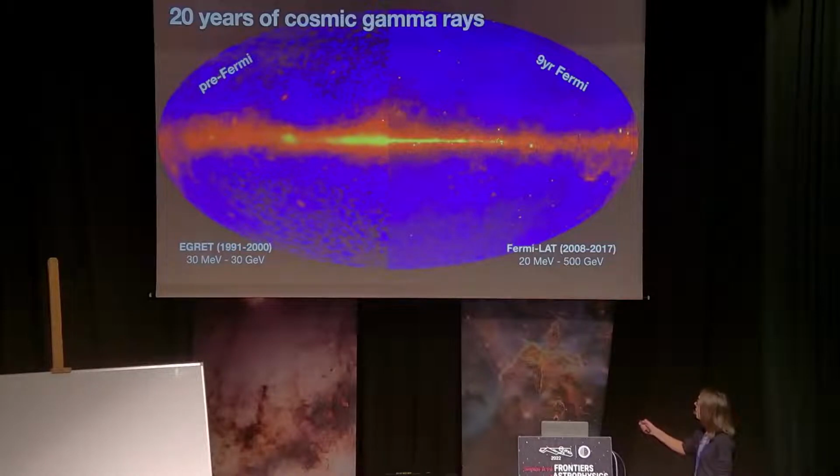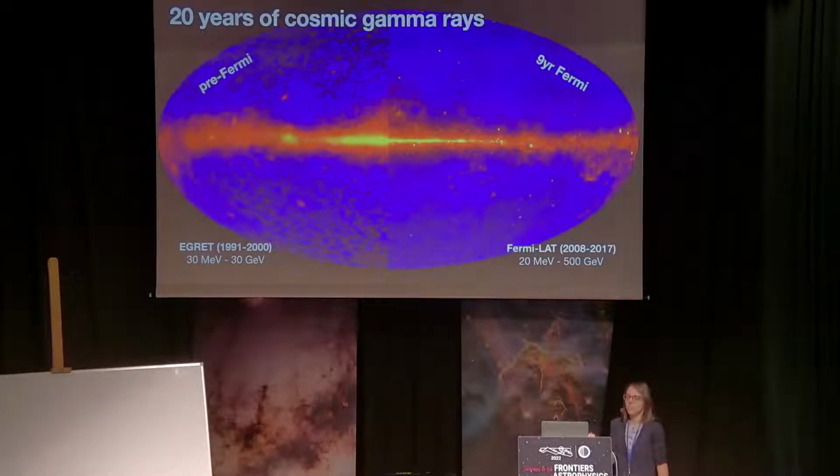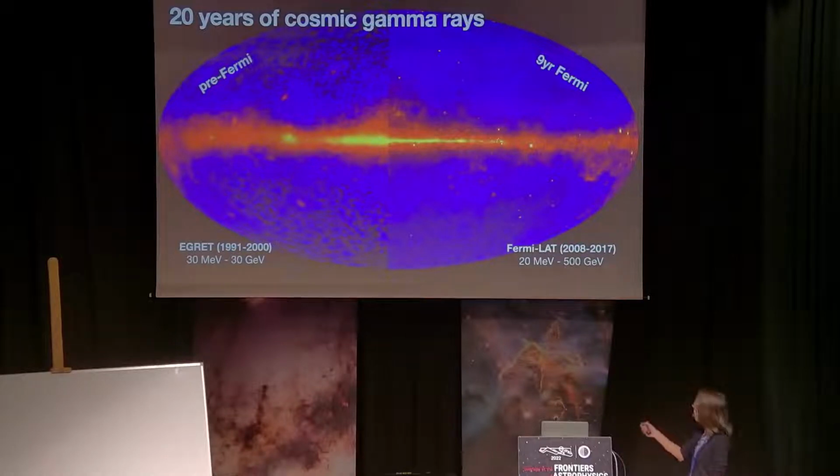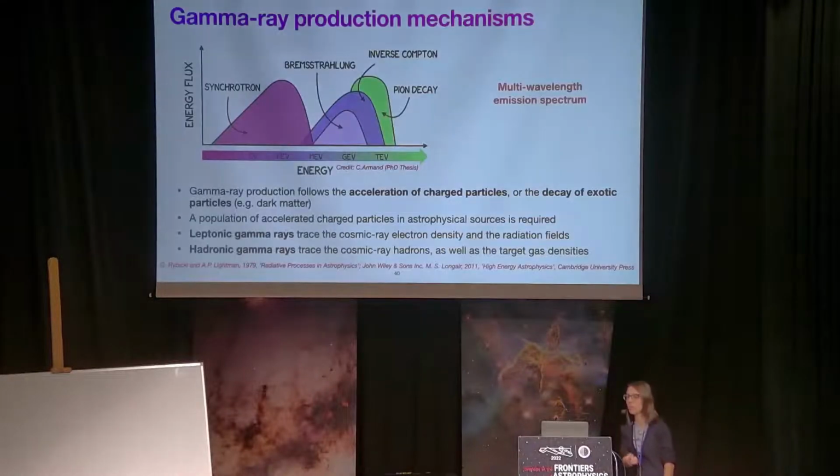And you have an amazing image of the sky, where you can see that the image has sharpened a lot with respect to 20 years back. And you have many more bright hot spots at higher latitude. So the game is then where these emissions come from and what we can learn about astrophysics.